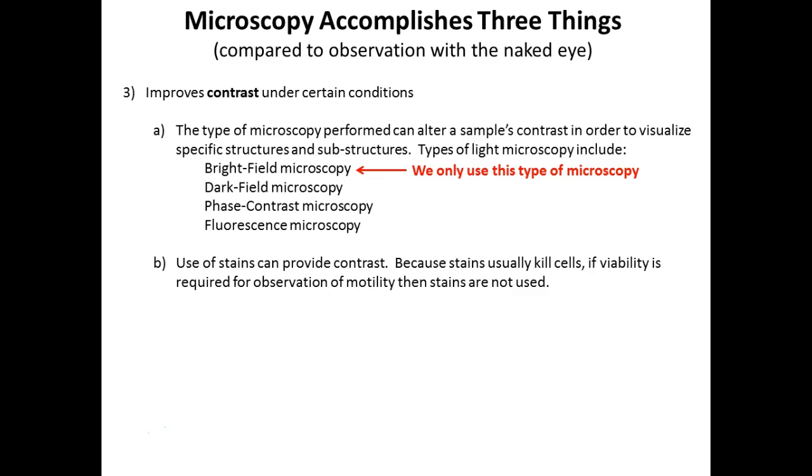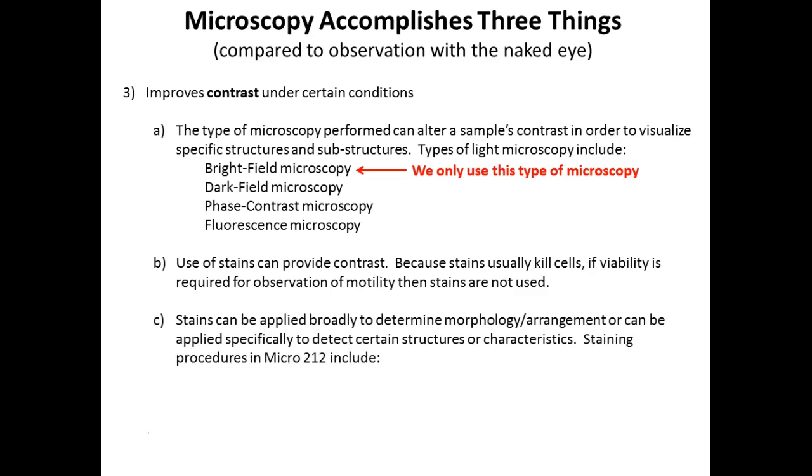And then fluorescence, of course, as we said, employs the use of either fluorescent dyes or organisms that have the ability to fluoresce. That's usually with UV light as the energy source for that fluorescence. So again, those microscopes have to have special filters on them because UV light is damaging to our eyes.